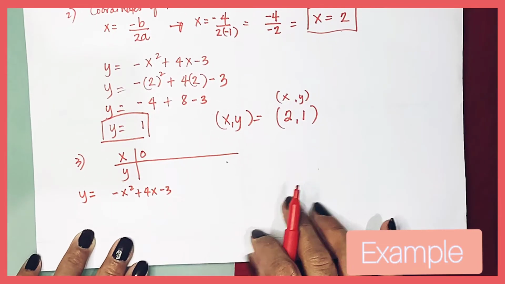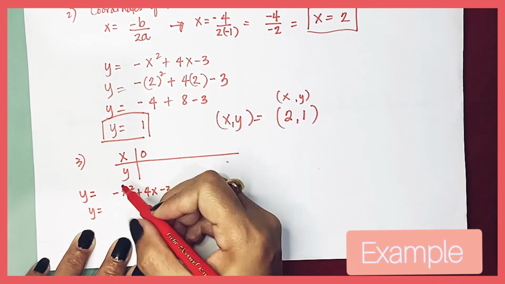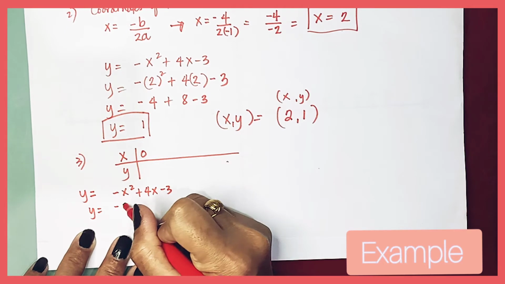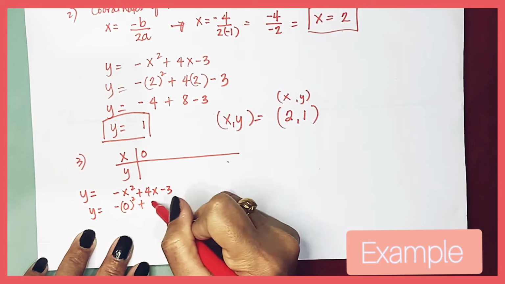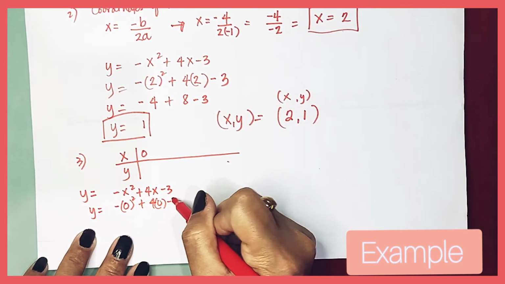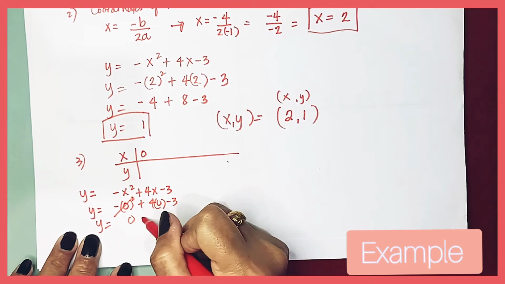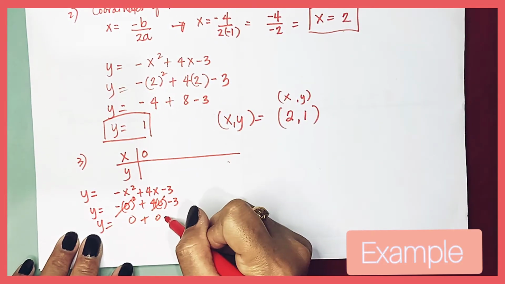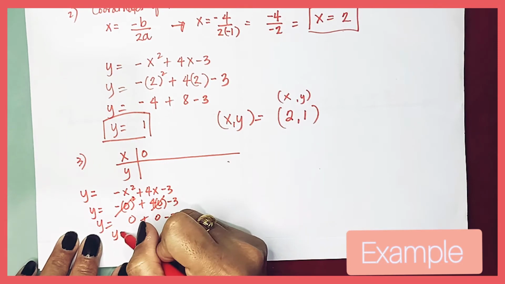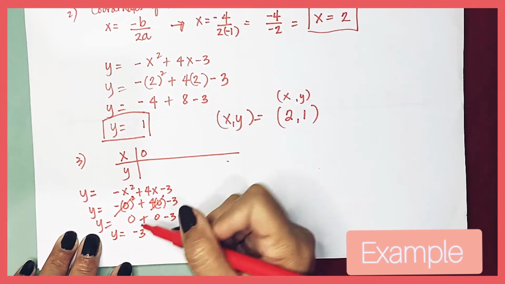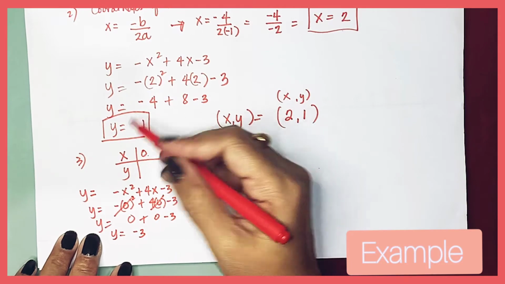So y is equal to negative 0 plus 4 times 0 minus 3. So y is equal to 0 plus 0 minus 3. So your value of y is negative 3 if your x is 0.